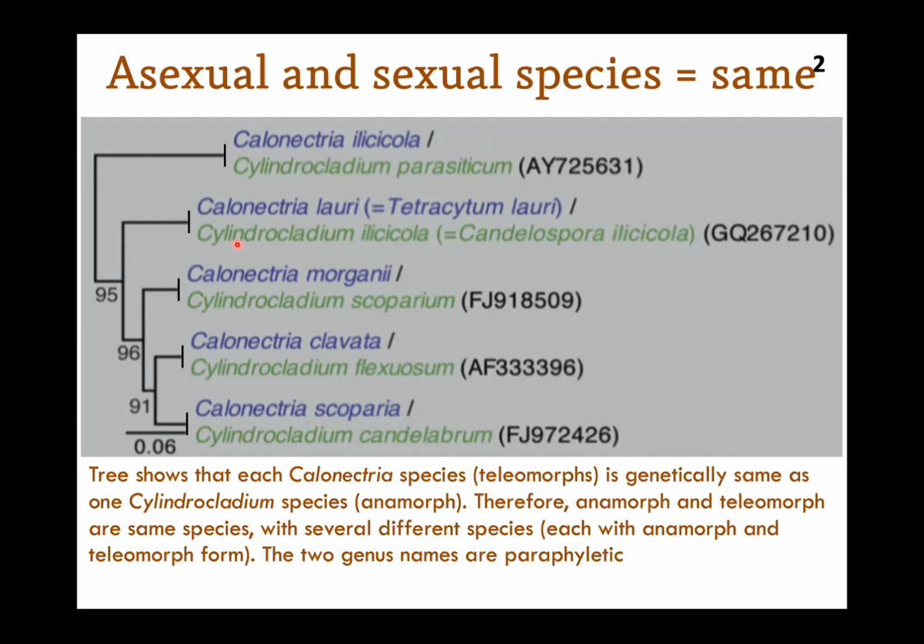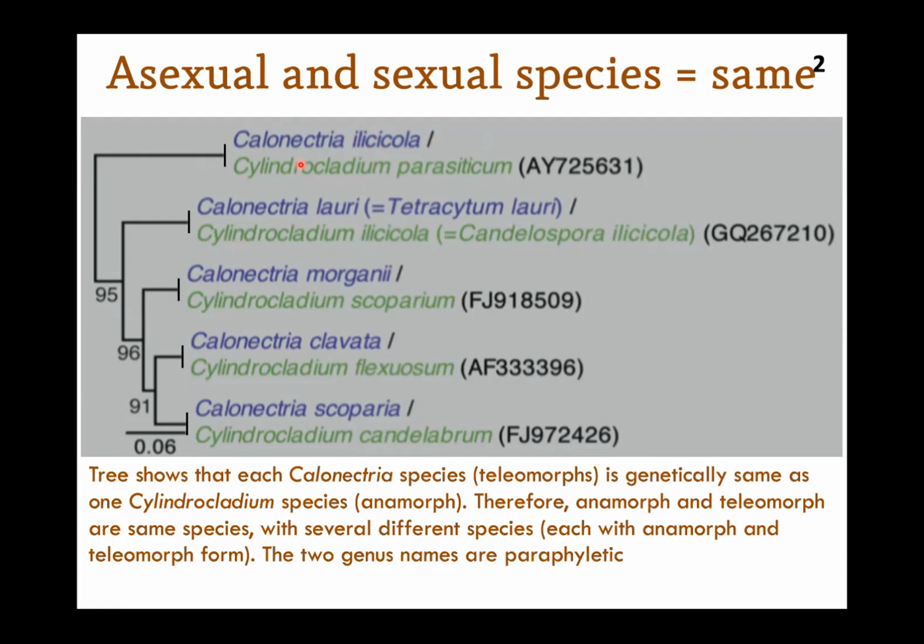In fact, what we can see is that for each species from one genus, there's an identical species from the other genus. So this tells us that these are just teleomorphs and anamorphs of the same species. So, taxonomically, given that the names are paraphyletic, these should all be called by just the same genus. These should all be one single genus, and then for each of these pairs, there should be just one single species name. Okay, so hopefully that is clear.